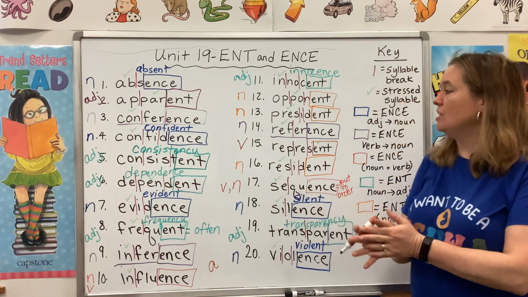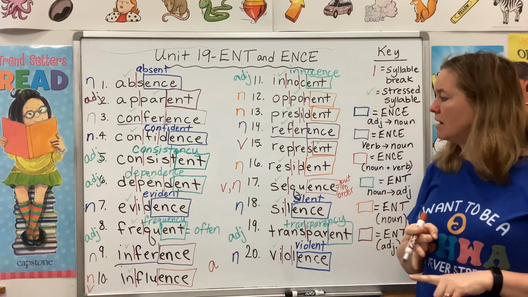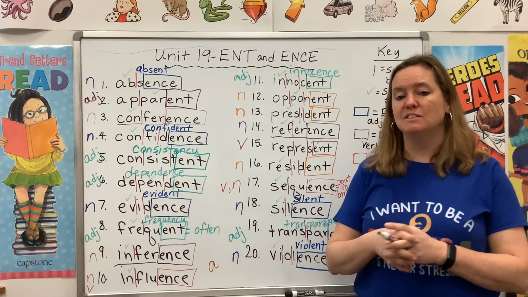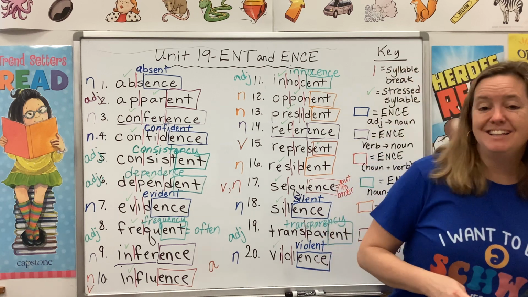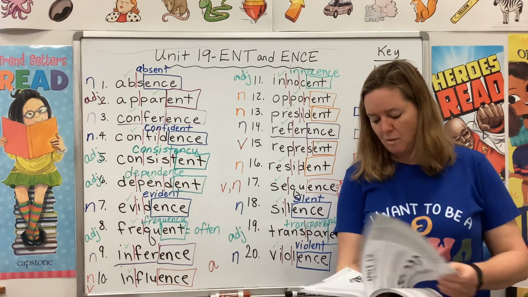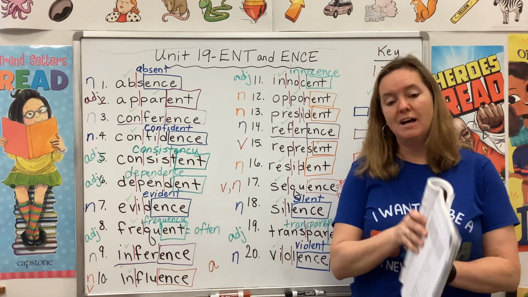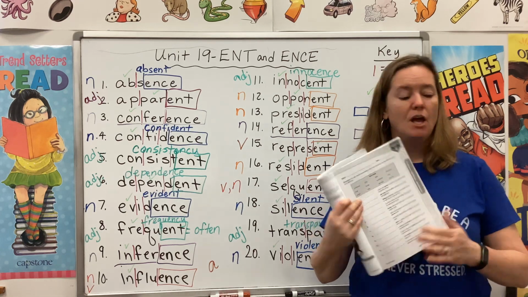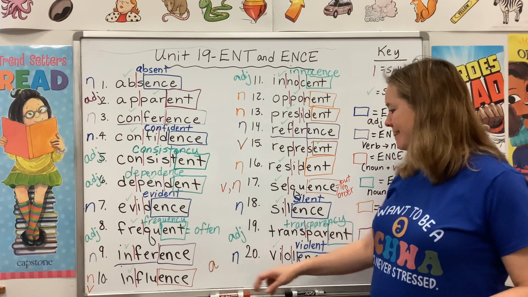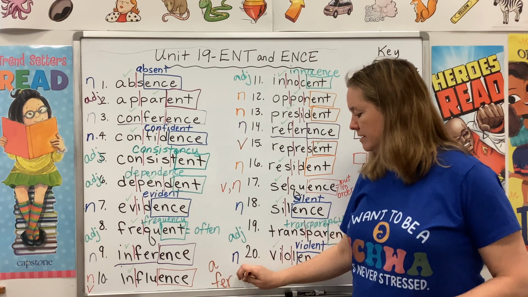Okay, so we've talked about the meanings of our words, their parts of speech, the rules for changing them from one part of speech to another. So that leaves us one last thing to talk about. When you get to page 123, you are going to learn another Latin root. And that root is F-E-R.